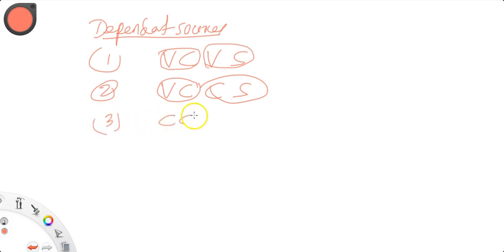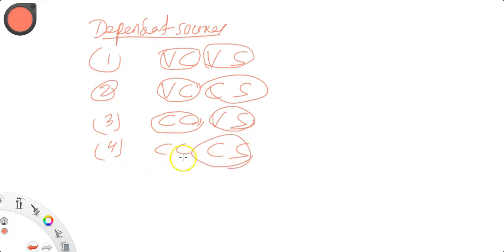Then current controlled voltage source. The source is a voltage source, controlled by the current through some element in the circuit. Fourth, current controlled current source. This is a current source and it is controlled by the current through an element in the network.